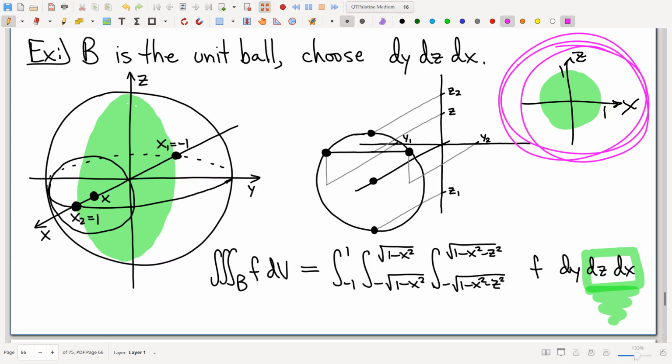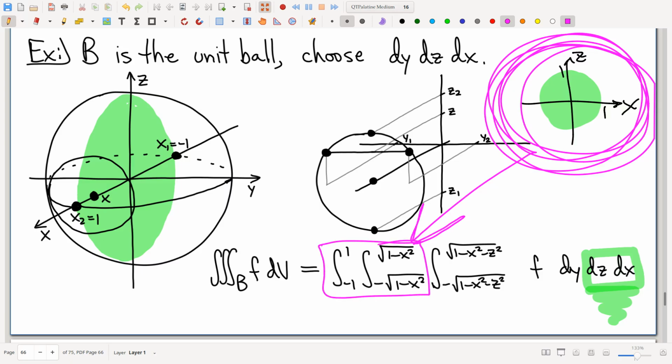Well, that's just a double integral question and not even a particularly bad one. And boom, there you go. Two-dimensional picture. Two-dimensional pictures, we know how to slice those up, and these are the bounds that result. Notice I didn't have to fuss around very much with the three-dimensional picture. Just enough to be able to infer what the shadow looks like.